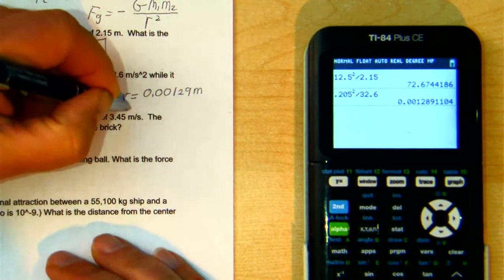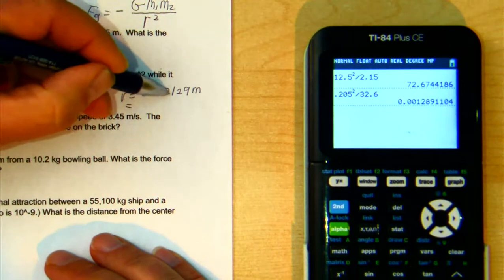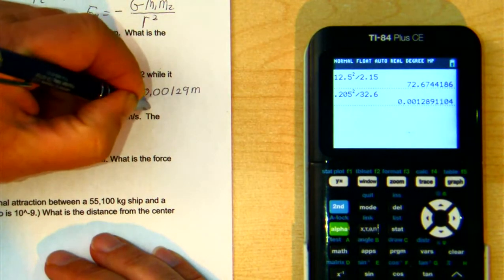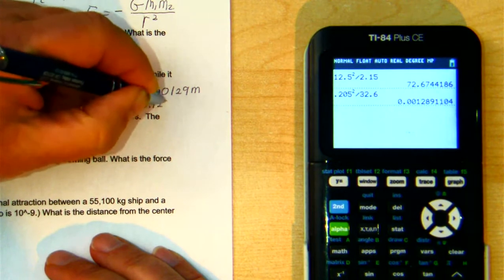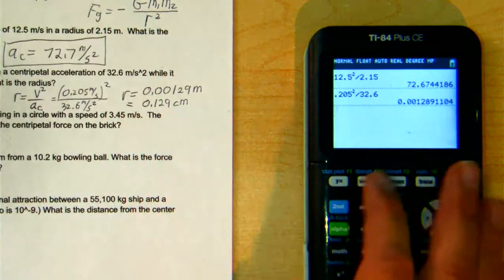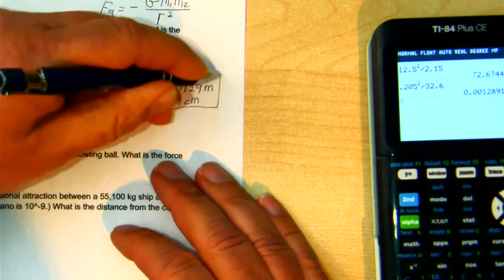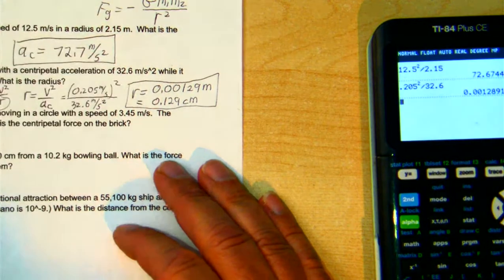Now, if you want to express that in centimeters, move the decimal point to the right 2 places, and this becomes 0.129 centimeters. If you want to convert that to millimeters, then you move the decimal one more place to the right, and it'd be 1.29 millimeters.